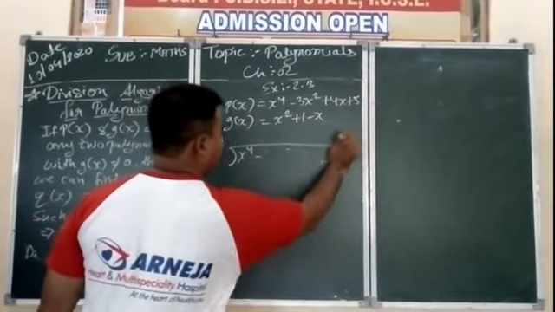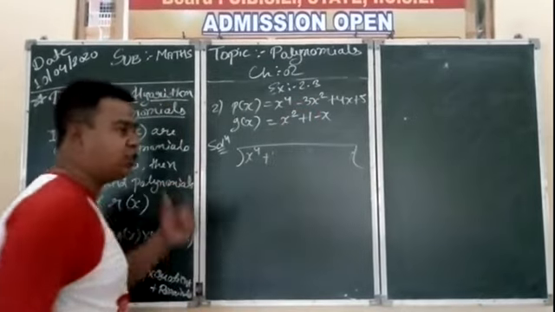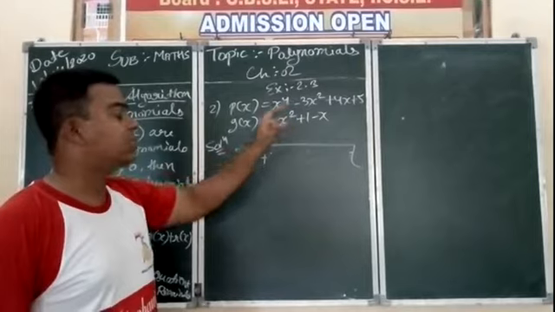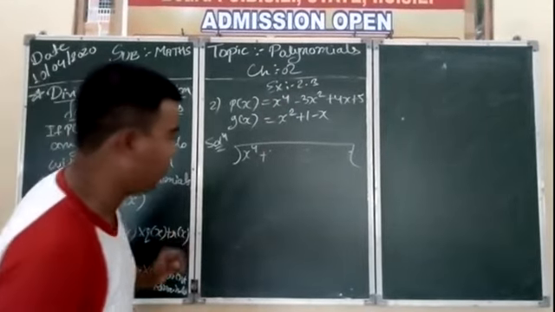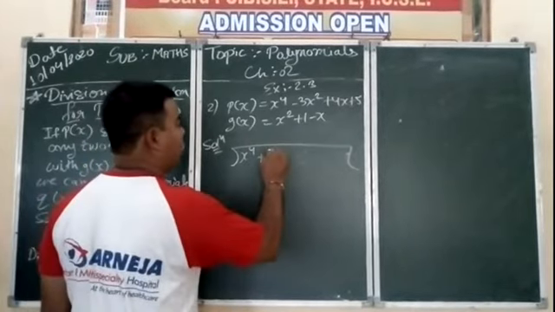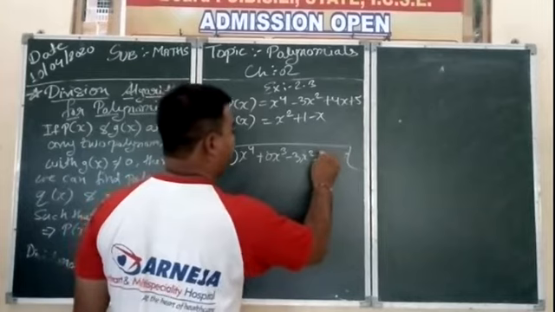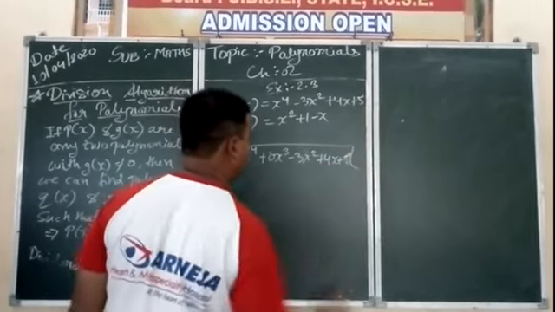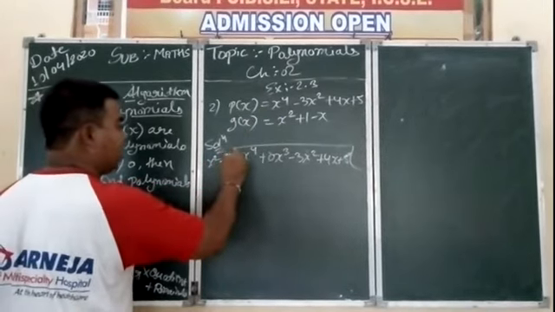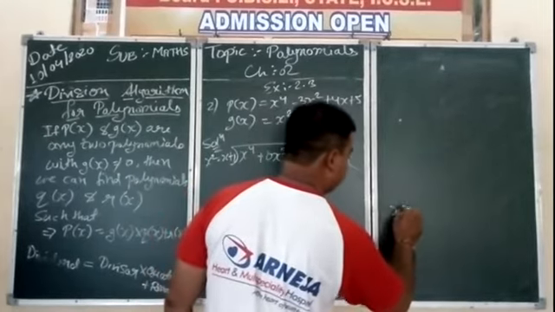Plus x to the power 4 and minus 3x square. In between, x cube is not given in order, so we write 0x cube. Minus 3x square plus 4x plus 5, divided by x square, arranged as x square minus x plus 1.